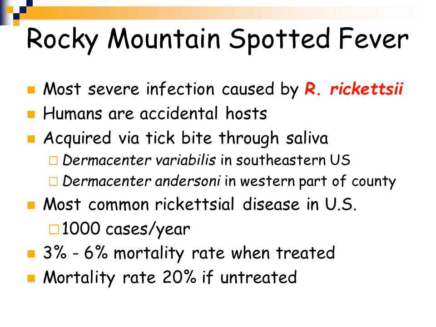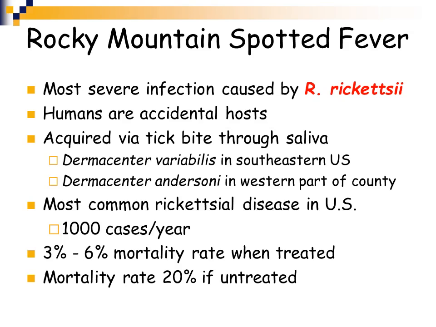The ticks that transmit Rickettsia rickettsii are Dermacentor variabilis, in the southeastern region of the United States, and Dermacentor andersoni, in the western part of the United States. Now, Rocky Mountain spotted fever is the most common rickettsial disease in the United States, with approximately 1,000 cases per year.